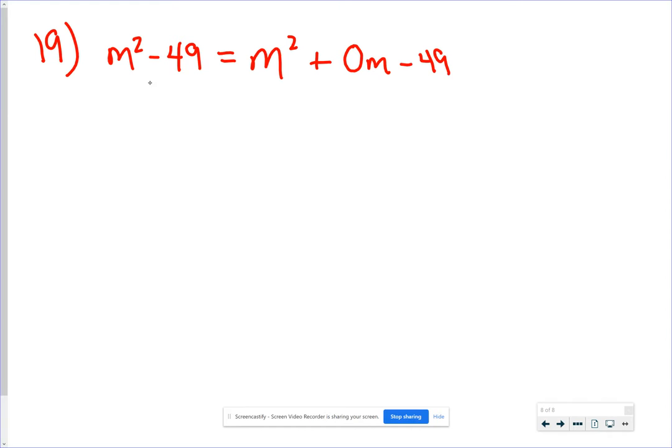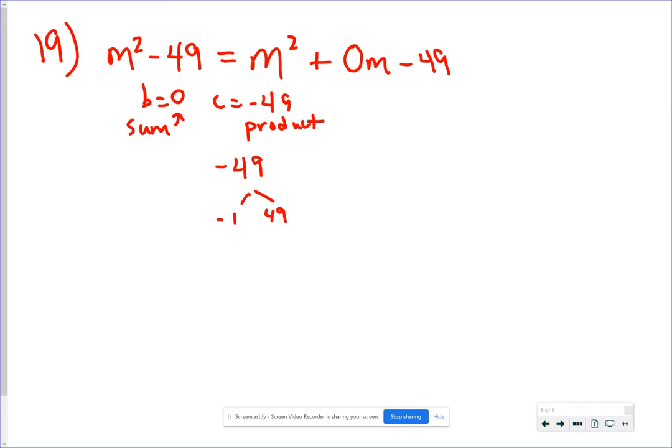So what I need to notice is that b is 0, c is negative 49. So I'm looking for two numbers that add up to 0, and they have a product of negative 49. Now, I want you guys to think about this. One's negative, one's positive.